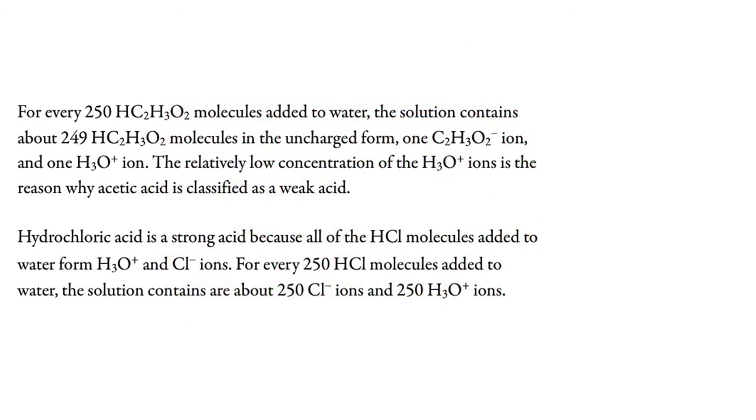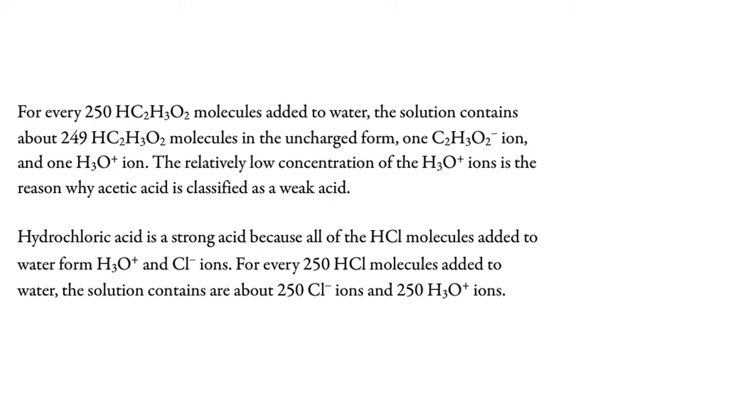For every 250 HC2H3O2 molecules added to water, the solution contains about 249 HC2H3O2 molecules in the uncharged form, one C2H3O2- ion, and one H3O+ ion. The relatively low concentration of the H3O+ ions is the reason why acetic acid is classified as a weak acid.